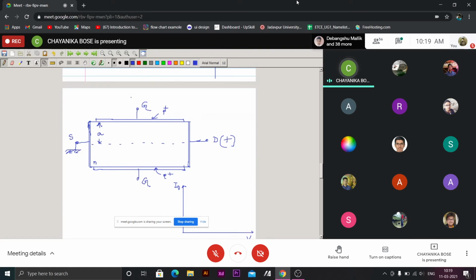So if we apply some reverse bias across the gate with respect to source, which is 0, so VGS or simply VG, to reverse bias this junction, this depletion region will mainly penetrate the channel. So we made it P plus.